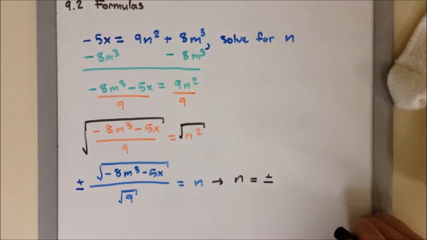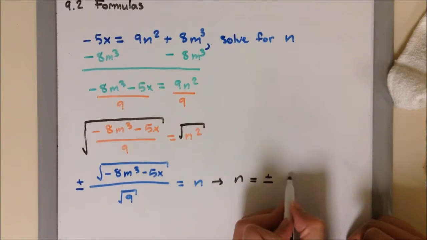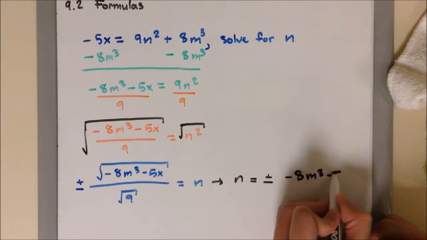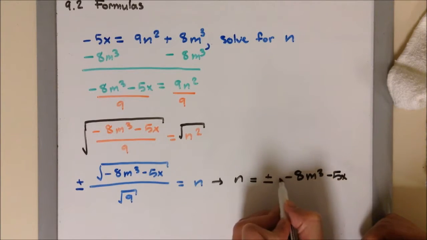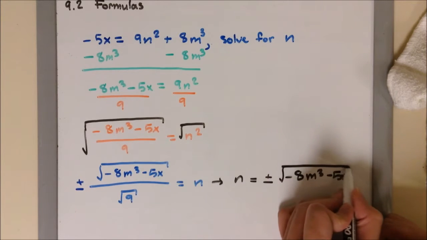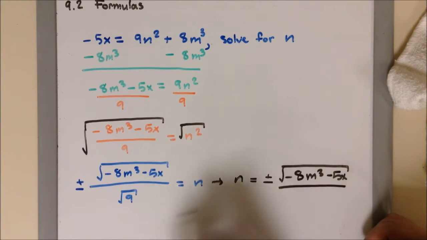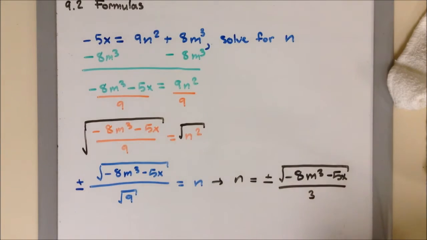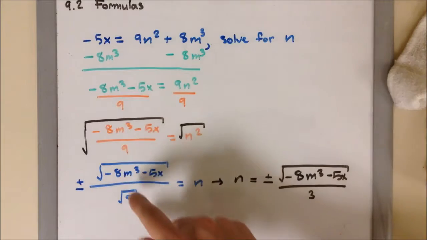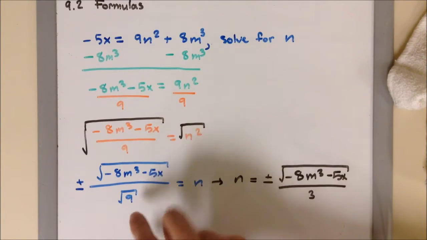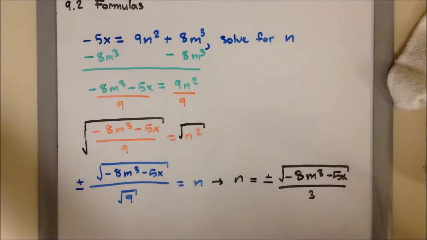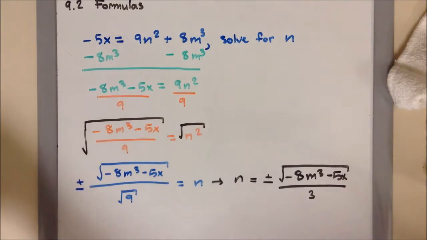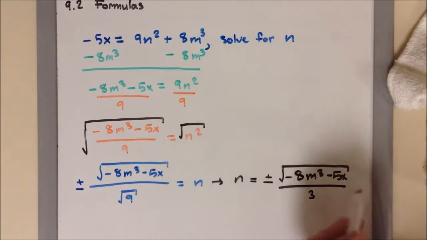So it will be the square root of negative 8m to the third minus 5x over the square root of 9. It will become 3. So that's why I split the numerator and the denominator separately with the square root. I did that because I knew that you can do the square root of 9. And this will be our final answer.